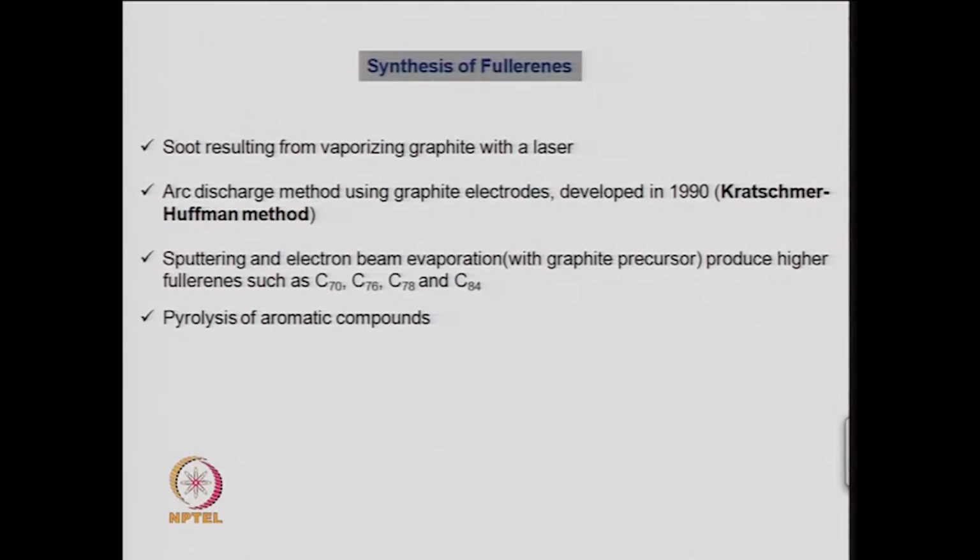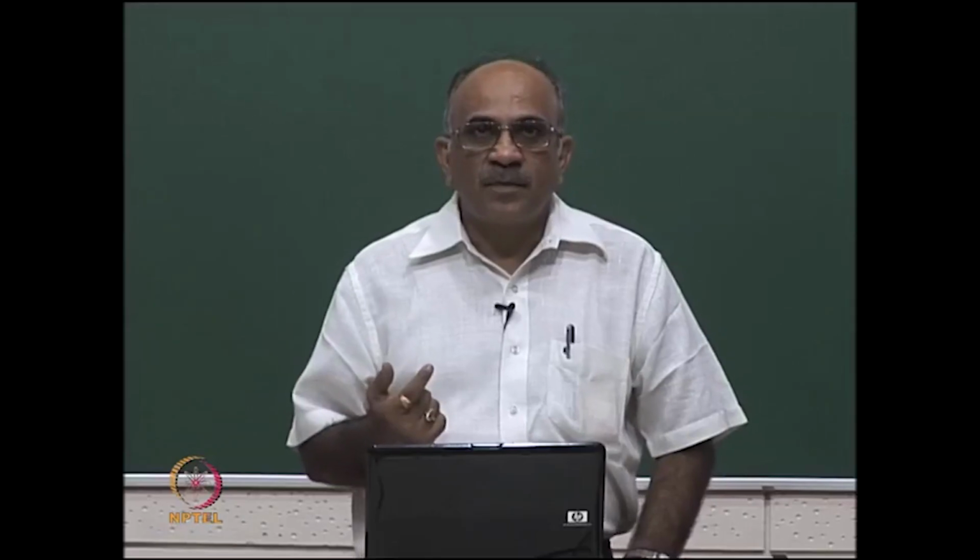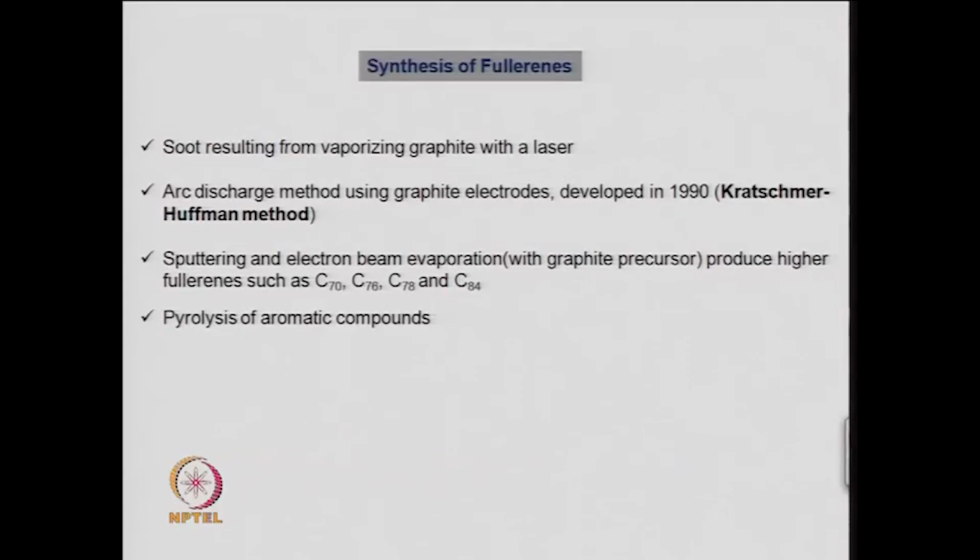So, when you apply a very high potential on the 2 electrodes, and an arc is created, then some soot is deposited in the chamber around these electrodes, and this technique was developed in 1990 by Kratschmer and Huffman, and this also leads to several fullerenes.